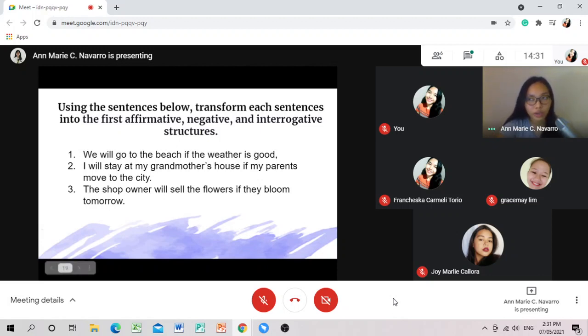Are there any other answers, like I will not stay at my grandmother's house if my parents move to the city? And does anyone have the answer, I will stay at my grandmother's house if my parents do not move to the city? These answers are also correct since they have the word not in their sentences.